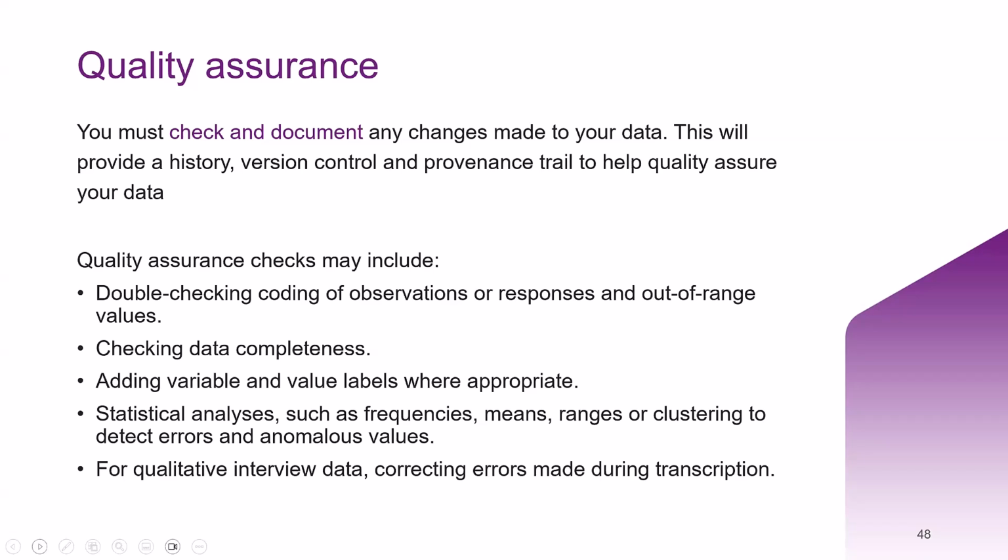Adding variable and value labels, making sure that we do have that metadata wherever appropriate. Again, there are some formats that don't allow for that. Doing some brief statistical analysis, frequencies, means, ranges, and so on to try to see whether there are any anomalies in that data.